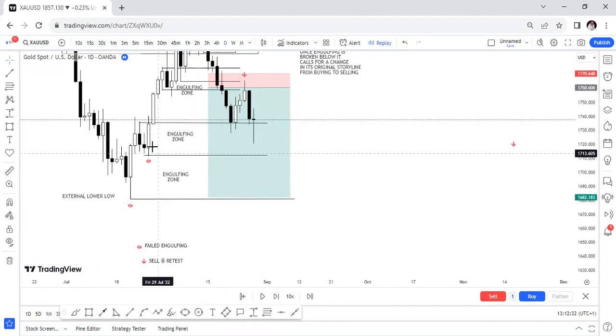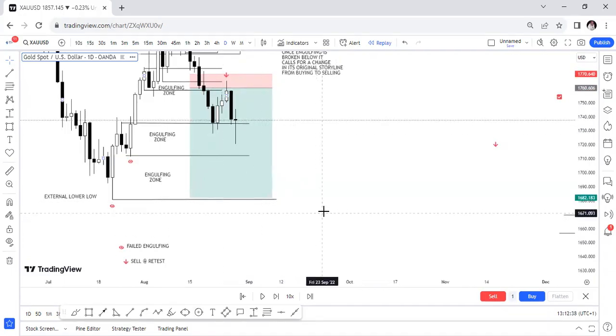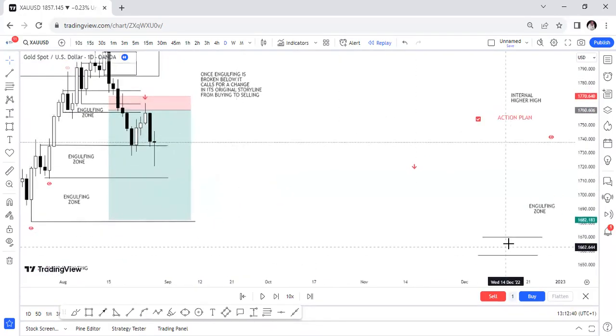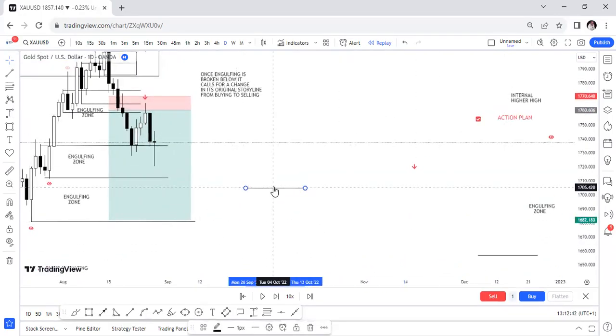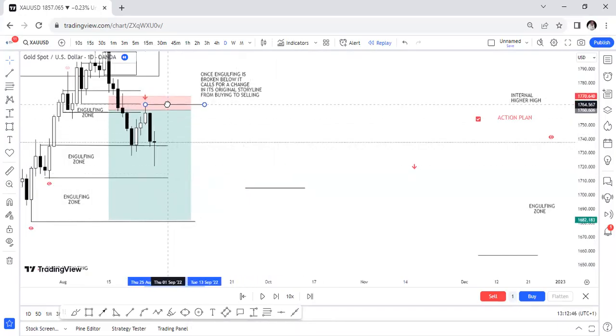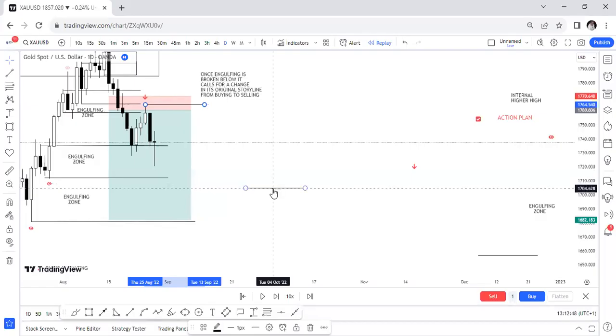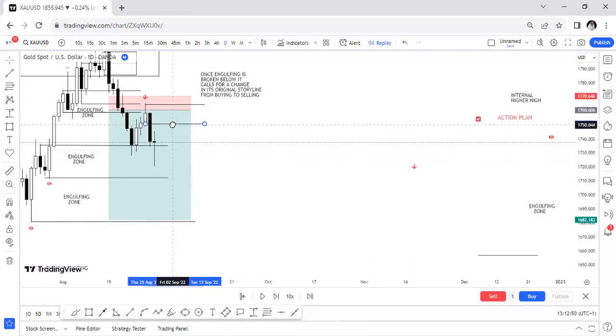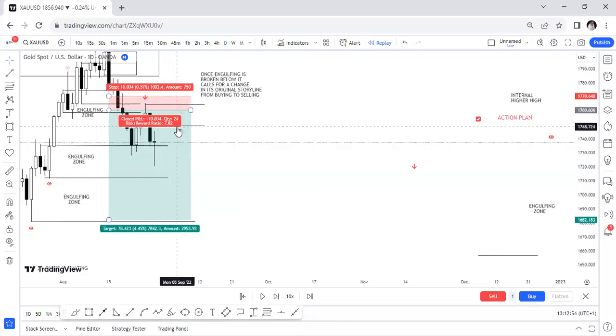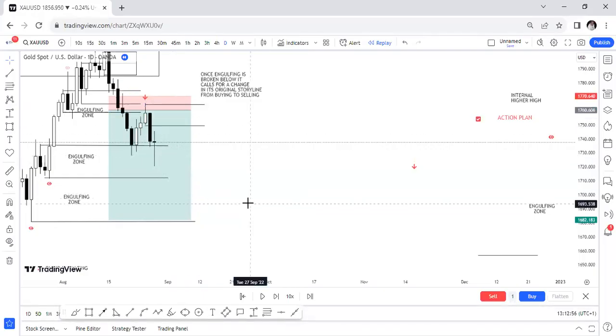This was taken out because it's reacting to this zone. But because we already have another engulfing zone that is created here, a new zone, we want to see price come into this zone, then come down to take out this low.